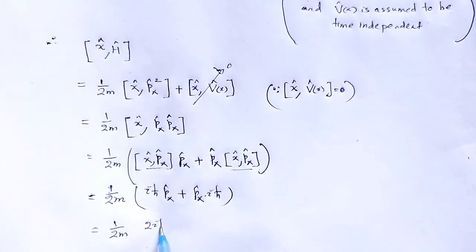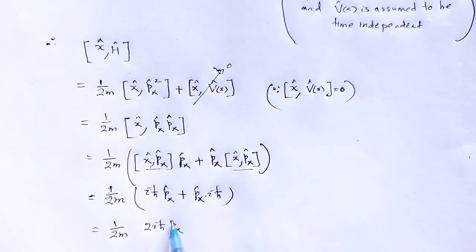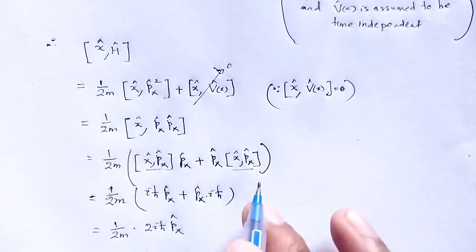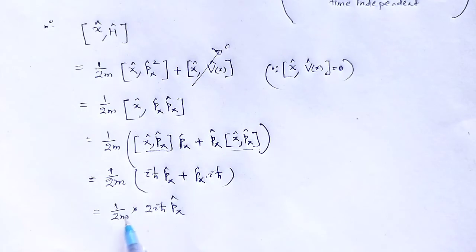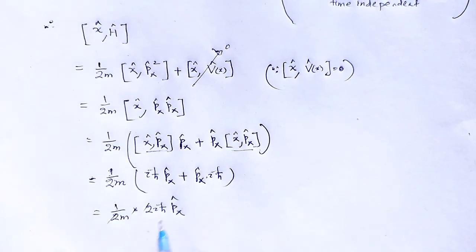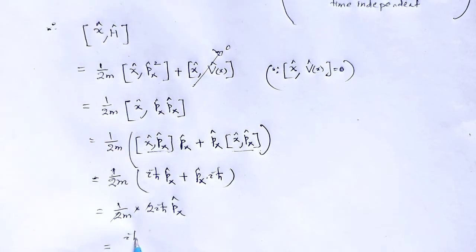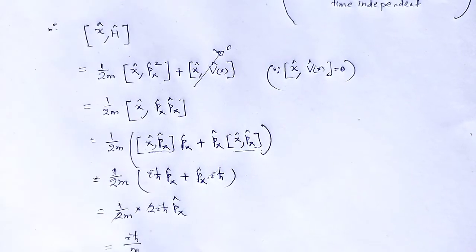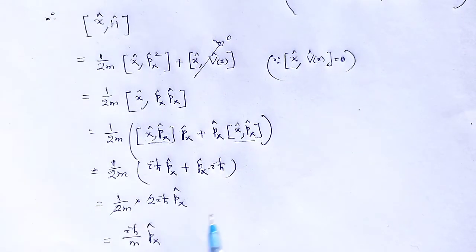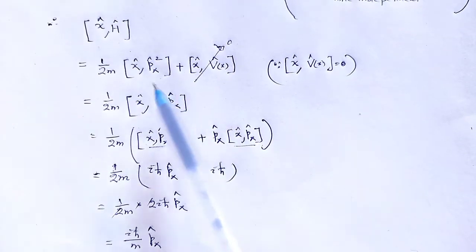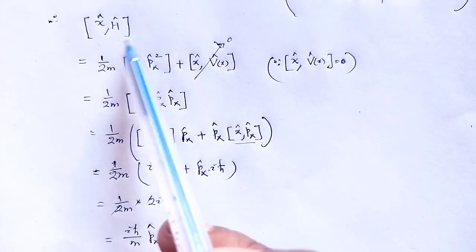The 2 cancels out, we only have iħ divided by m times Px cap, that is the value of the commutation of x cap and H cap.